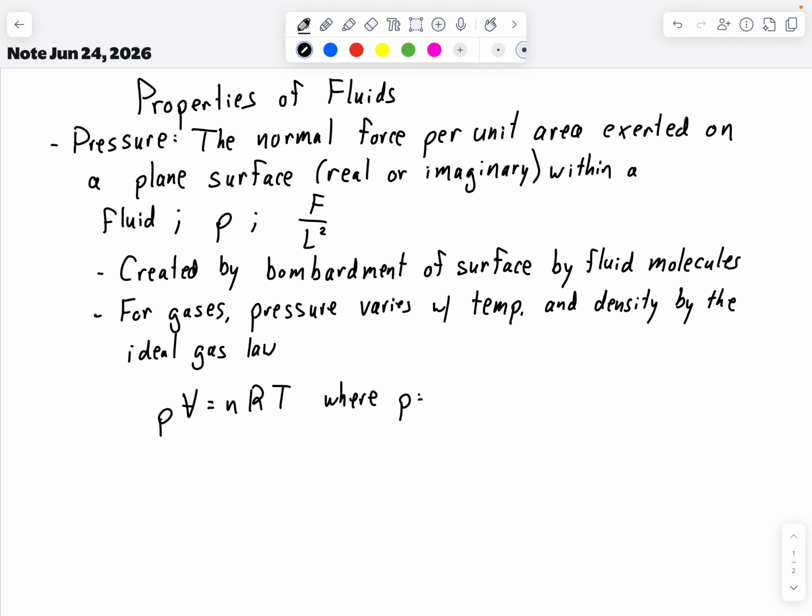where P is your absolute pressure. When I say it's the absolute pressure, that means that it's relative to an absolute zero pressure, or a complete vacuum.